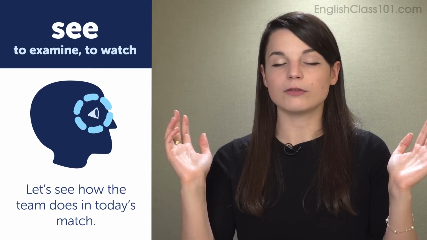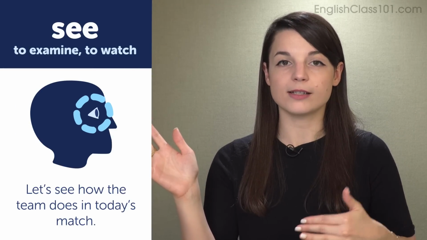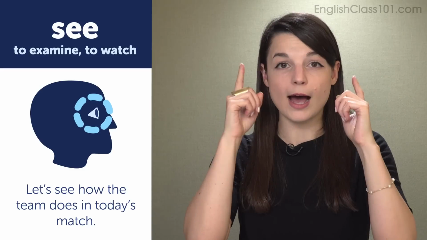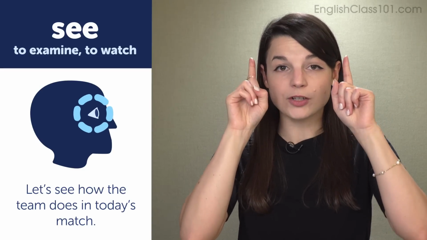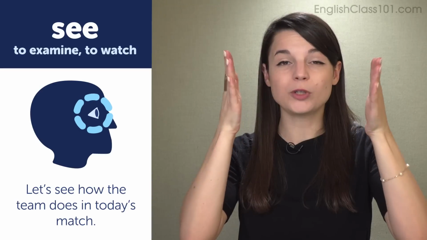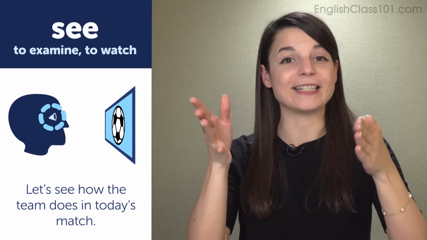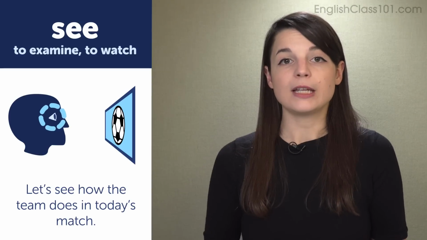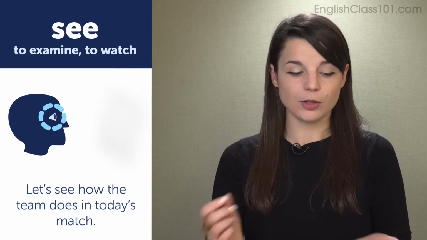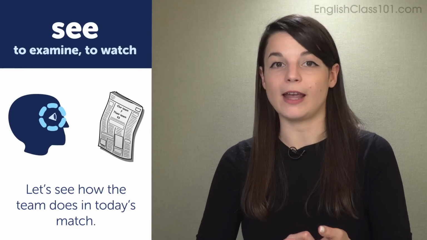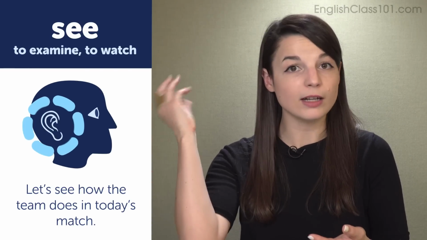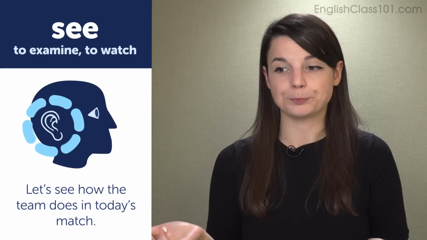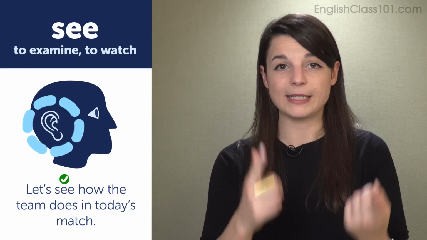In the example of let's see how the team does in today's match, we are talking about using our actual eyes, perhaps, if we are actually watching the match. If we go to the game or we see the match on TV, perhaps we are using our eyes. However, if we don't go to the match and we read the score from the game, or we hear on the radio something about the game, or we hear the results of the game, we can still use the verb see.